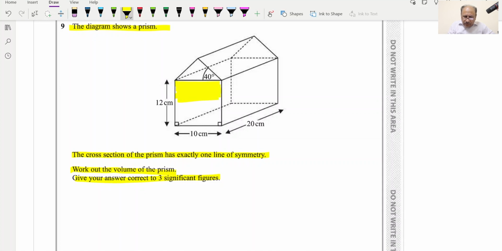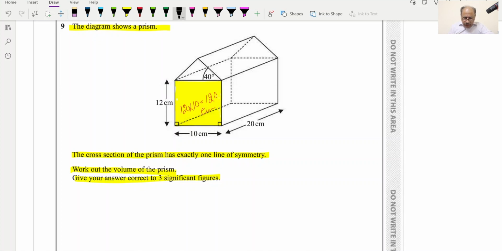Basically face area will be required, and first of all we will calculate the area of the rectangle. Area of rectangle is equal to length into width, which will give us the rectangular area. The rectangular area will be 12 multiplied by 10, which is equal to 120 centimeters square.